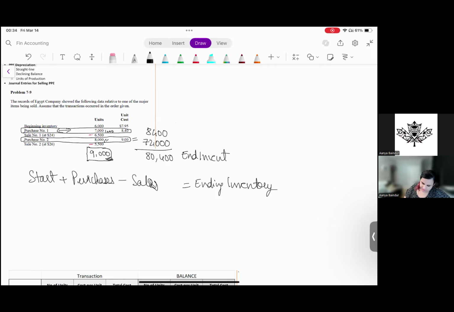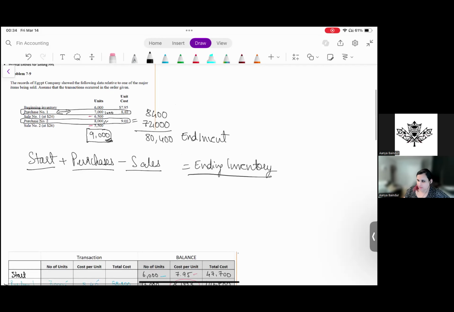This should be fairly obvious because the only things coming in are purchases, the only things going out are sales, and there's whatever you started with. If you make this adjustment, it'll give you your ending inventory.